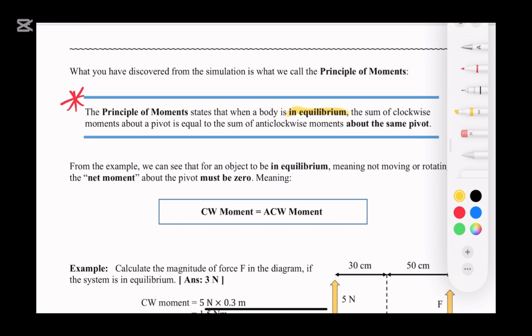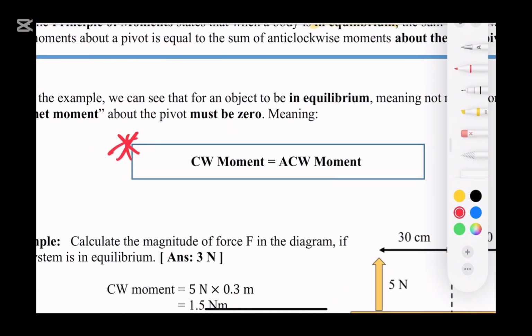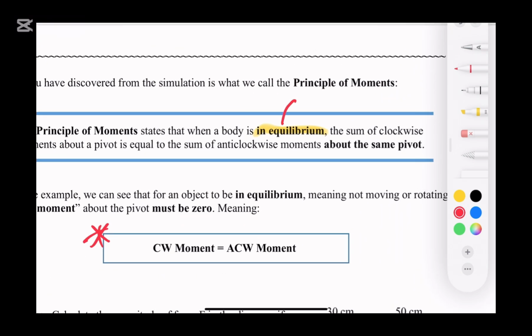Okay, so it's a bit long, but this whole part can be summed up in this formula here, which is the clockwise moment equals the anti-clockwise moment for an object to be in equilibrium. So equilibrium also means that there is no rotation.